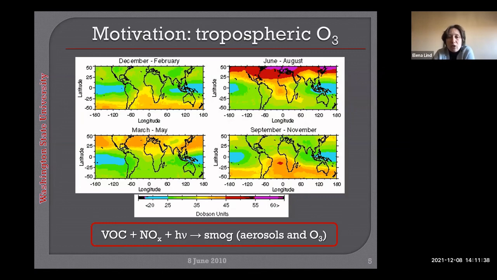Obviously, models are not doing super well because they have to have all this information and all the chemistry properly modeled, all the inputs, all the inventories of the emissions, and that's quite significant, especially as our technology and lifestyle and the regulations change.